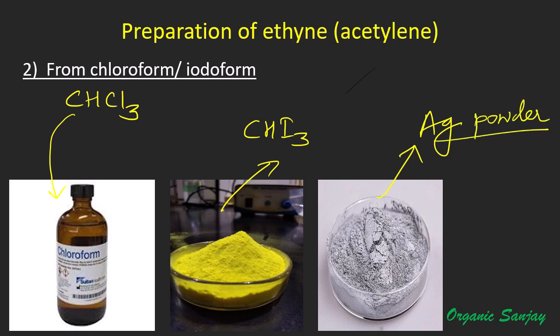So this is again a very easy method for preparing ethyne gas. We can obtain ethyne gas simply by heating chloroform with silver powder, or simply by heating iodoform with silver powder. Now let me write the chemical equation for you.